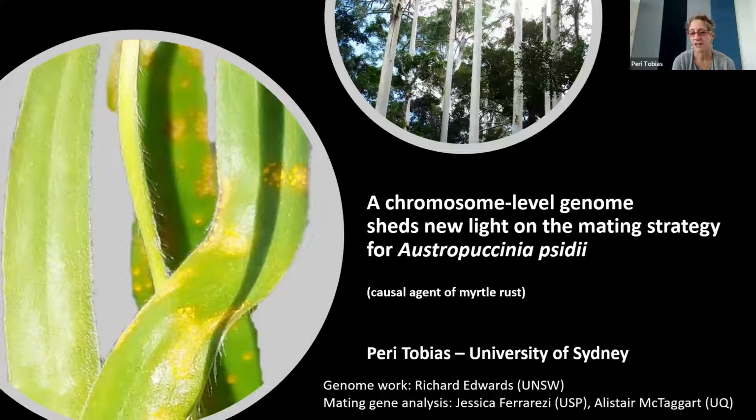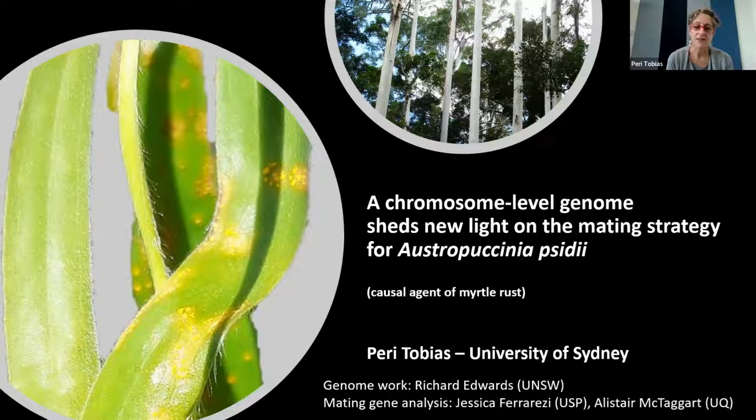So the title of the talk is "A Chromosome-Level Genome Sheds New Light on the Mating Strategy for Austropuccinia psidii," which is the causal agent of myrtle rust, a rust pathogen that infects Myrtaceae plants.